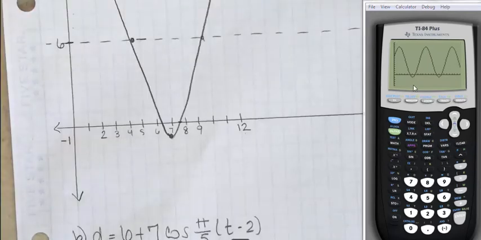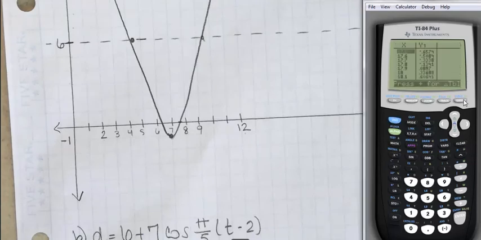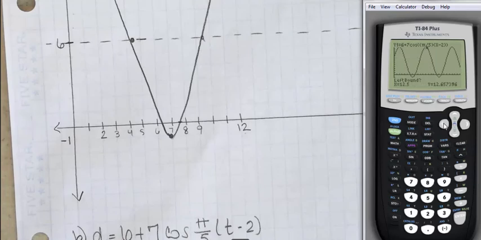Okay, I'm going to calculate my x-intercept right here. Oops, what have I done? Second calc is what I wanted. I want my 0. I'm going to go left bound of it. And I'm going to go to the right of it. .86.